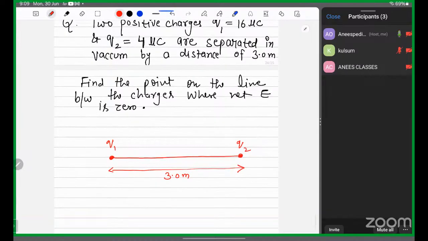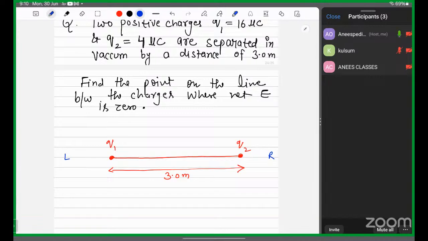So first, where will be the point at which electric field E will be zero due to these two charges Q1 and Q2? Left, right, or in between? In between somewhere.